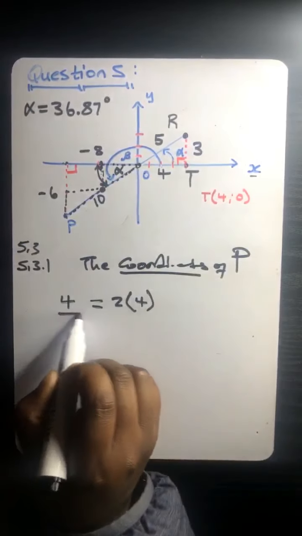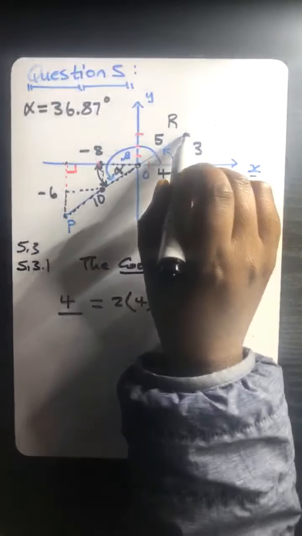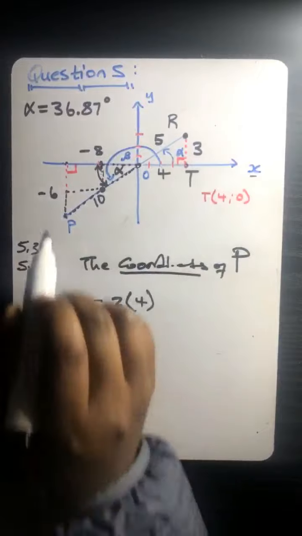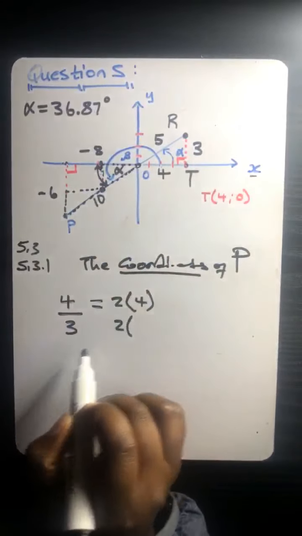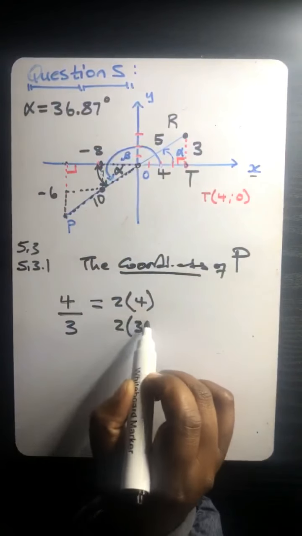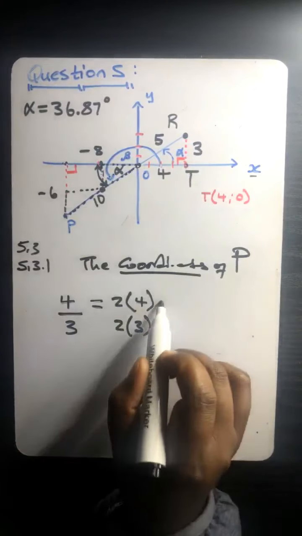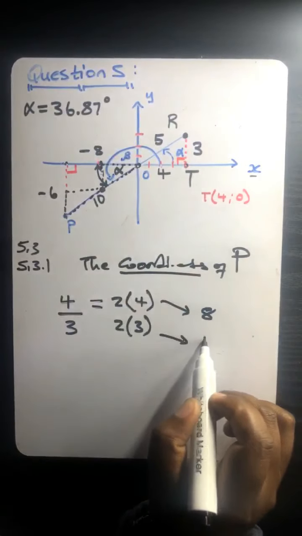And then again, from there to there, it's equal to 3. So that means from there to there, it's actually 2 times that 3. So that's why you are having 8, and again you are having 6.